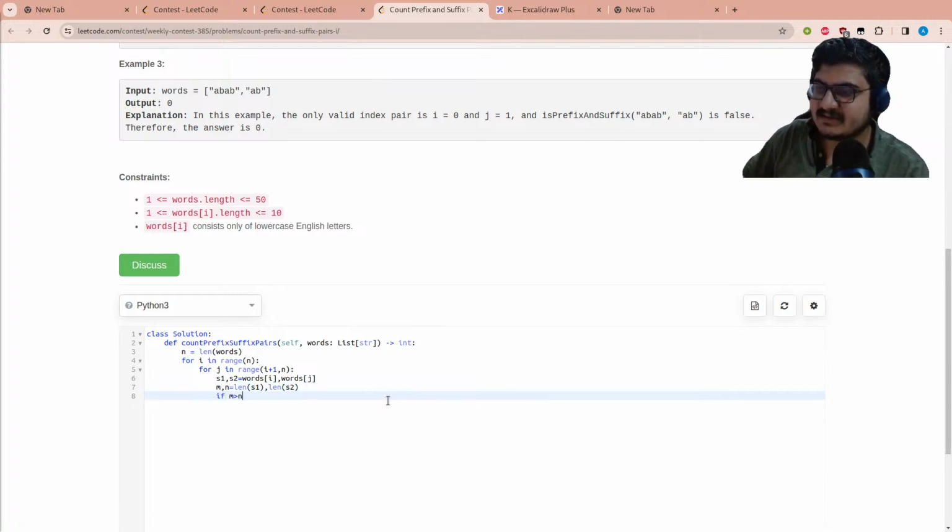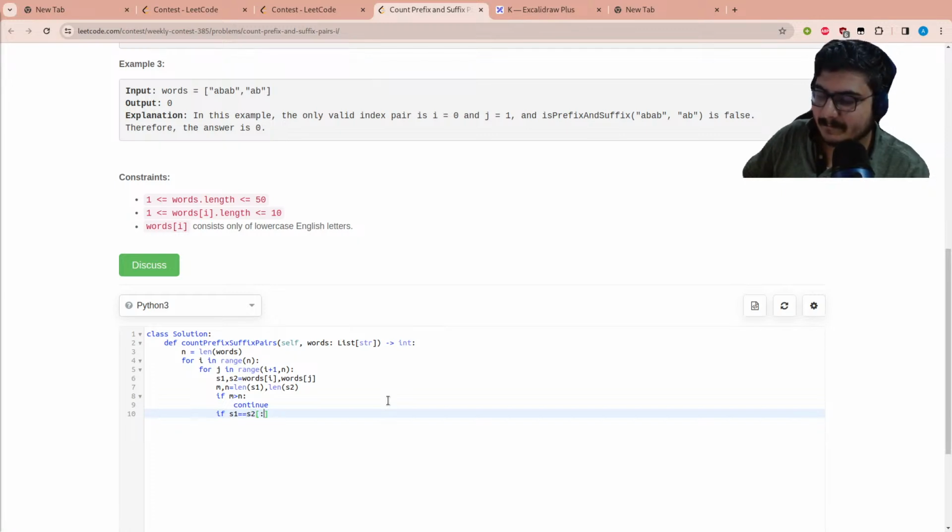If m is greater than n, the length of S1, then it can never be a prefix and suffix, so we should continue here. Otherwise, if S1 equals the first m characters of S2 and S1 equals the last m characters of S2, then we should increase our count by 1.